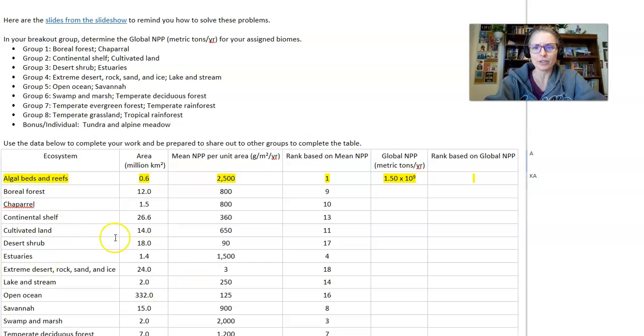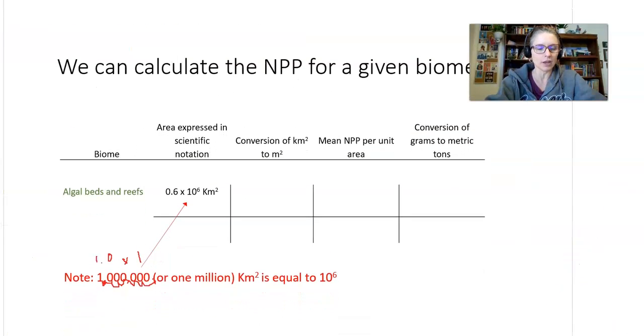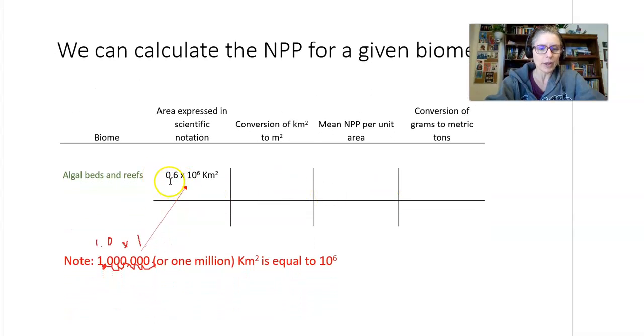Okay, so how do we do this? And I've created these little how-to slides. So this is what is in the PowerPoint you were given. And the first thing to note is we have 0.6 times 10 to the 6 kilometers squared. Well, that's not what was on your table. You were just given 0.6. That's because 10 to the 6 is 1 million. So the table said it was 0.6, but the top of the table said these are all millions of kilometers squared, right?